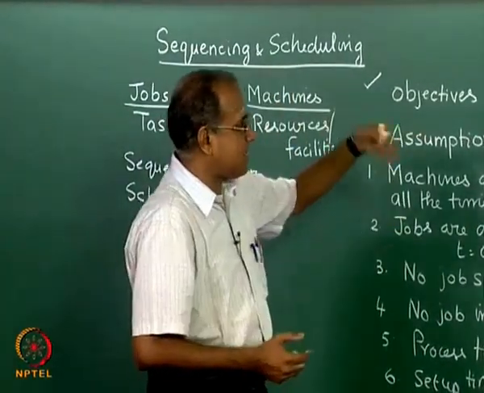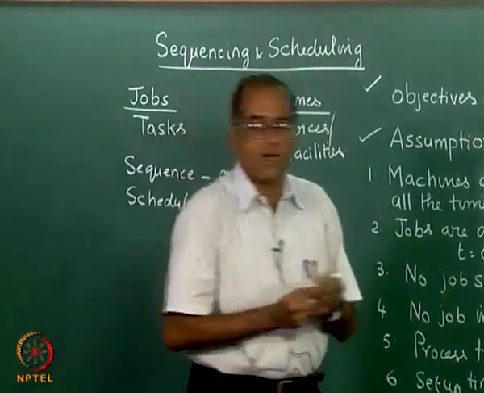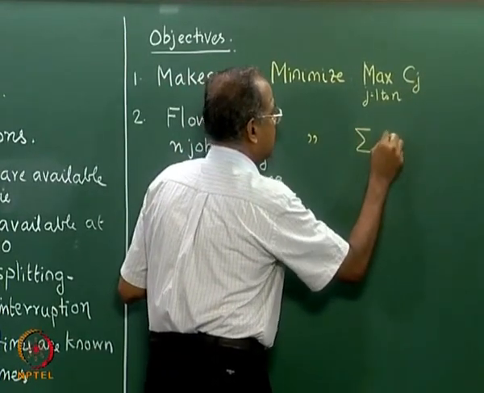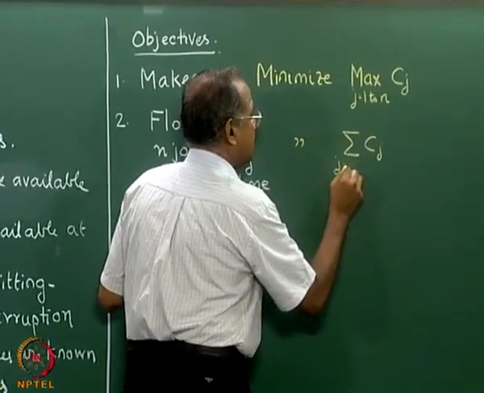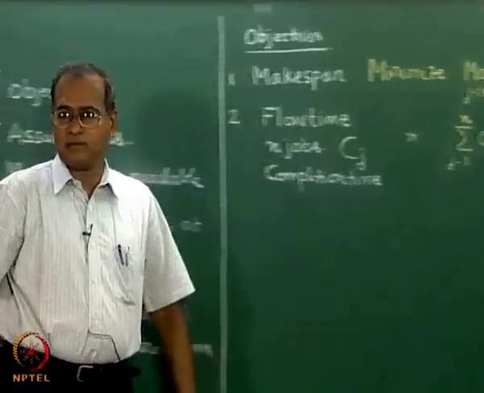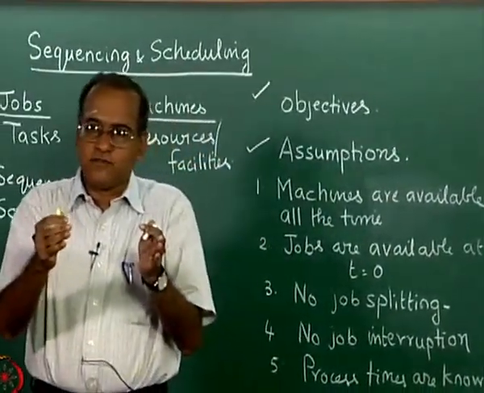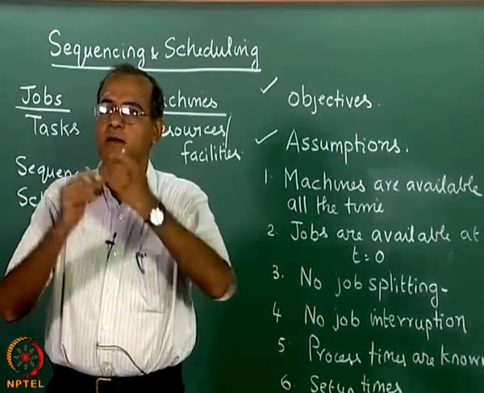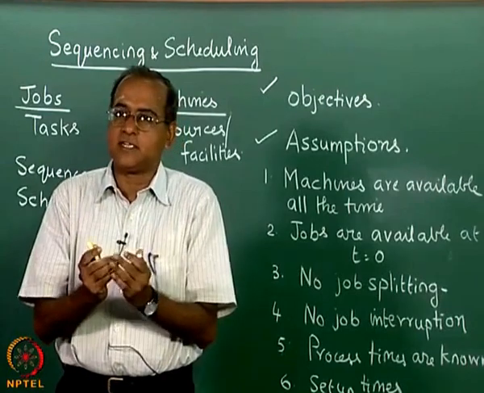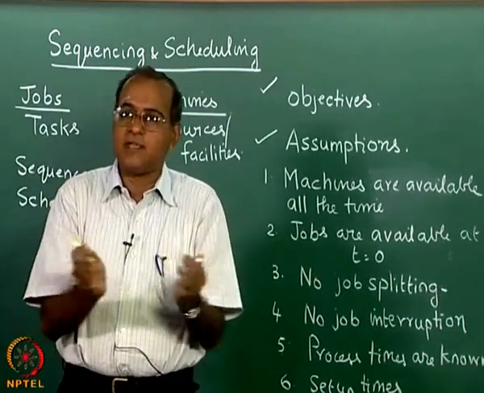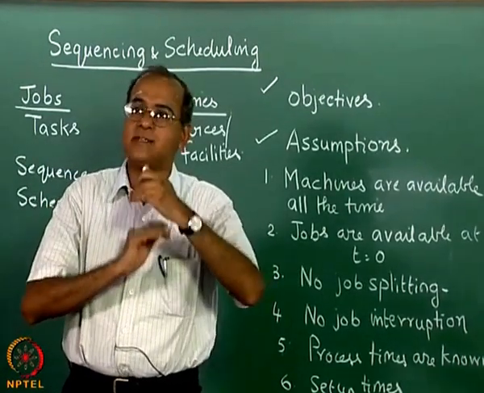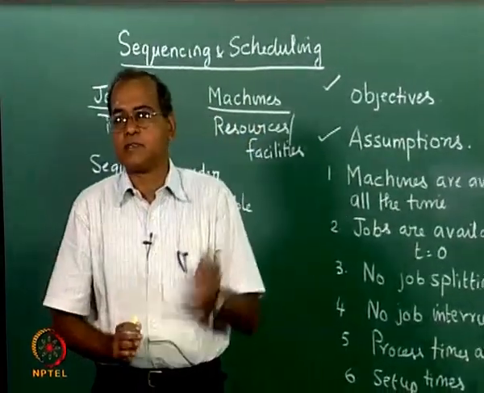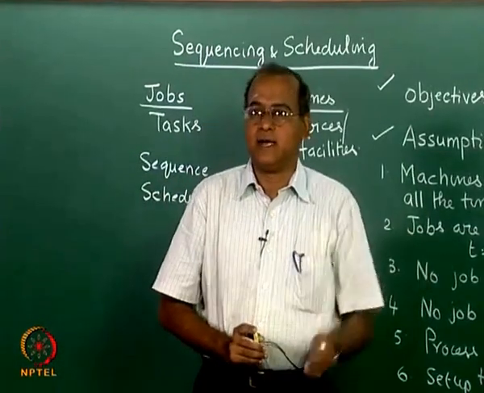So, instead of minimizing the maximum of the Cj's, here we end up minimizing the total of the Cj's, minimize sigma Cj, j equal to 1 to n. The completion time of job j is Cj. Now, we want to minimize the sum of all the completion times, which is an indication that each job has in some sense spent as little time as possible in the system, at the same time has got all the tasks completed and is ready to leave.